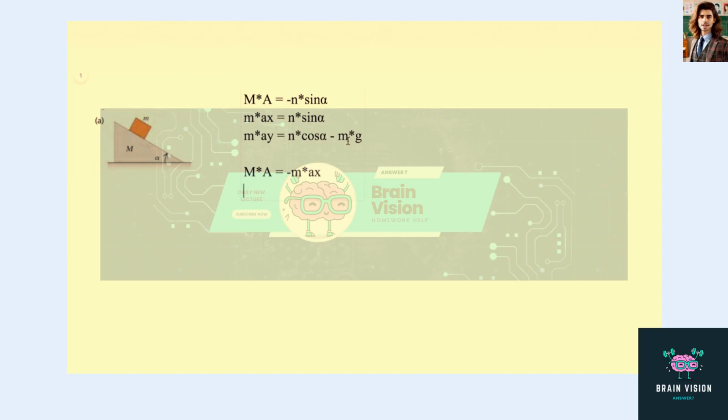So this will let us say, for example, if we wanted to solve this for ax, it equals minus big M over little m times A. So this is one thing that we can do to solve this.